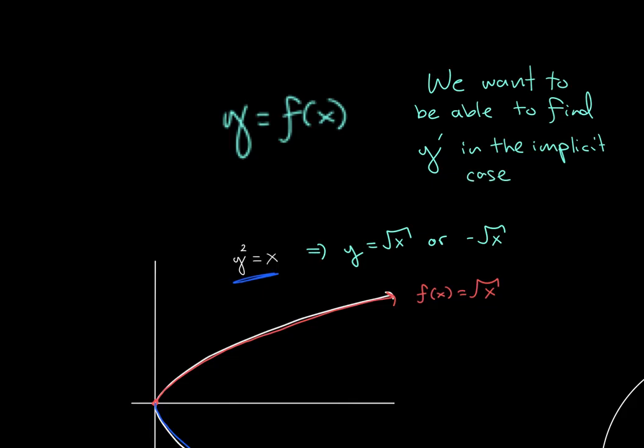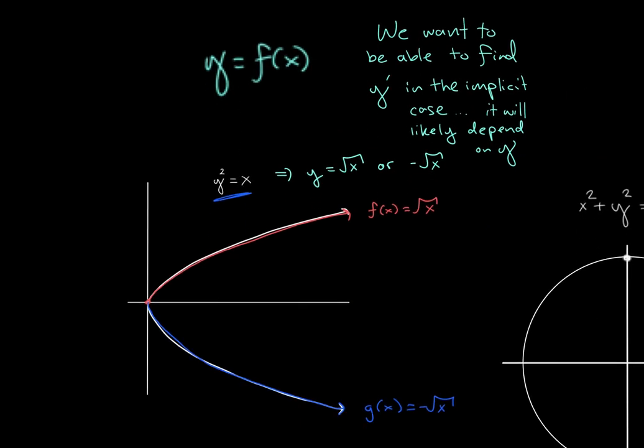In other words, given an implicit equation, which is usually like a curve in the Cartesian plane, we want to be able to find some sort of derivative that depends on the function. So let me write that down. It will likely depend on y. In other words, it depends on which curve is being discussed in that particular equation.